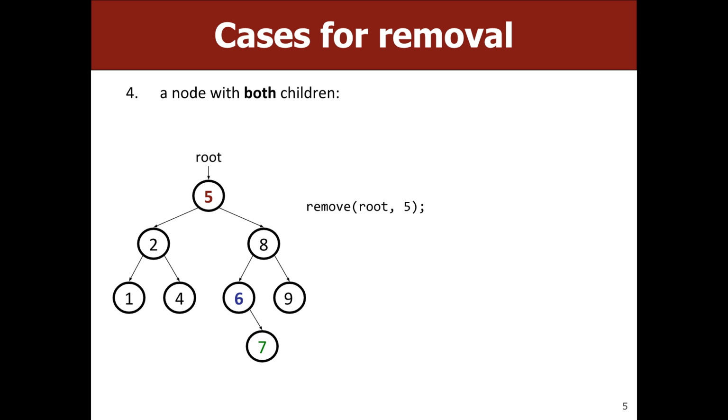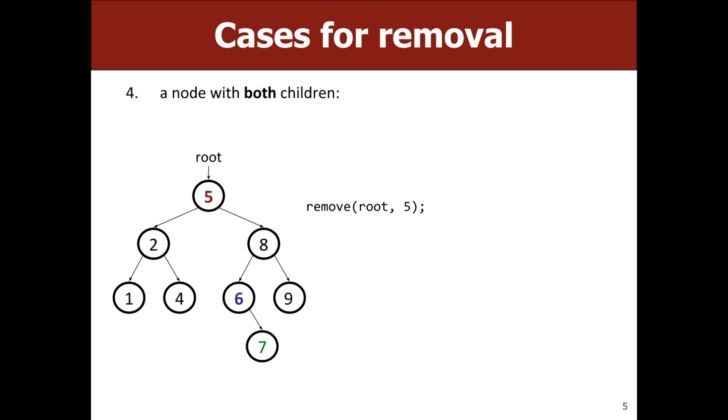So then in this case, we had this concept of replacing with a child, but you can't just choose 2 or choose 8 to replace with, right? Because you still have to deal with all of the subtrees of 8 and 2. So does anybody have any ideas of what might be a good node to replace this with? Yeah.